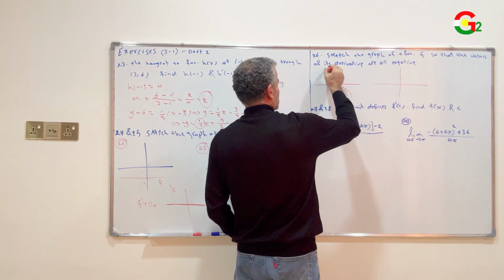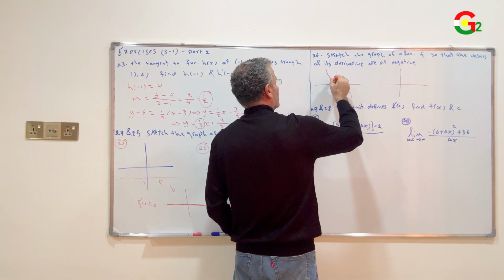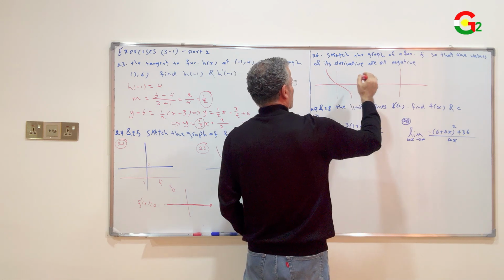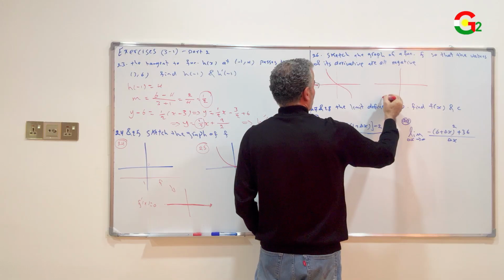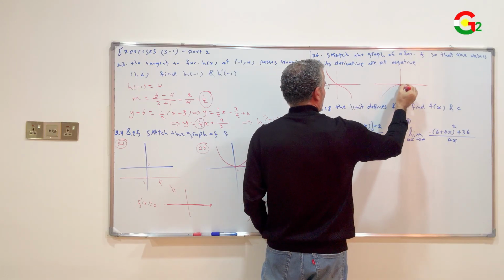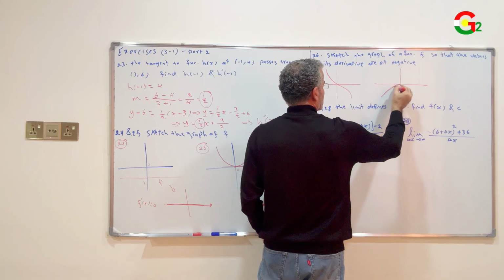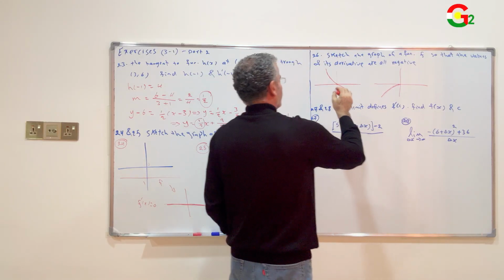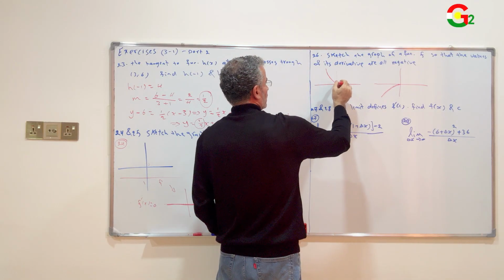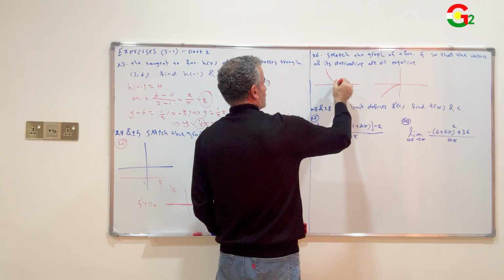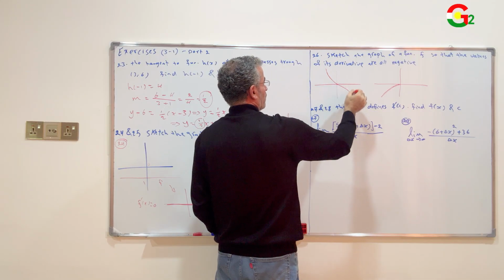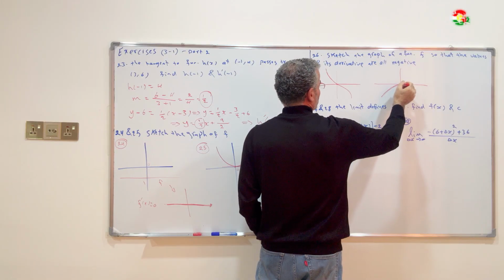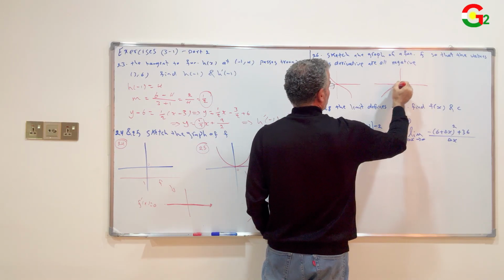The derivative graph is under the x-axis. Since from negative infinity to 0 the function is decreasing, the derivative is under the x-axis, and since at 0 the function changes from concave to convex, the derivative should have a horizontal tangent line at 0.